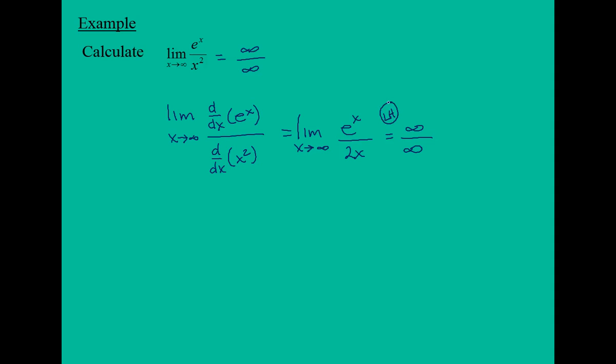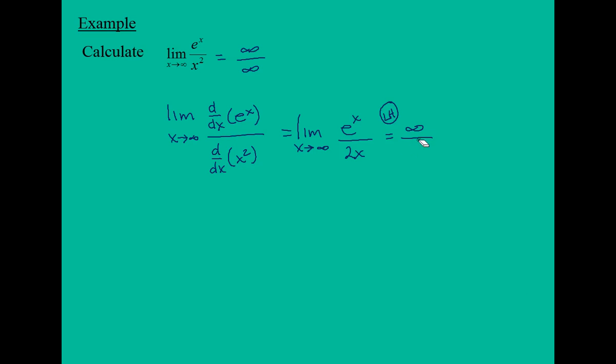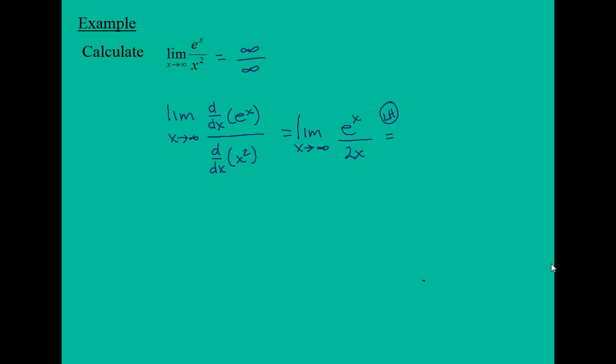And I'll just indicate this means we're going to apply L'Hopital's rule again, since we have our indeterminate form infinity over infinity. So applying L'Hopital's rule again, derivative of the numerator is e to the x divided by the derivative of the denominator, which would be 2, as x approaches infinity.